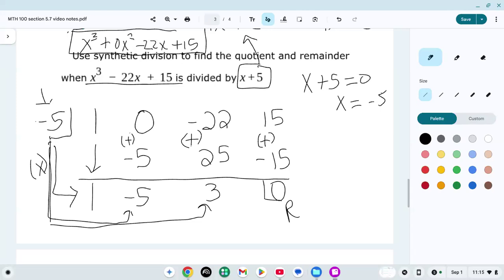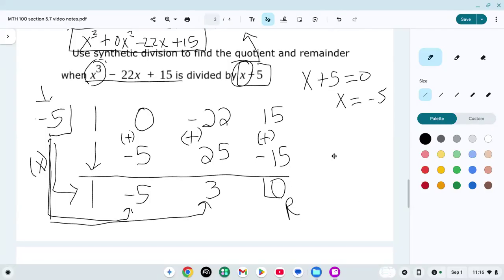Now, we just took an x to the third polynomial and divided it by an x to the first polynomial. So x to the third divided by x reduces to x squared. So when I took all the x's out to make my table, I now have to put all those x's back.